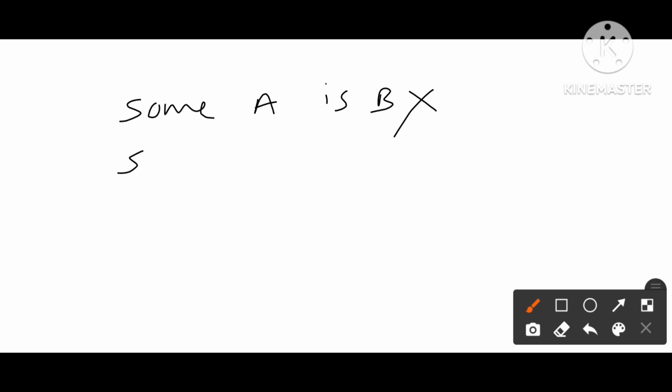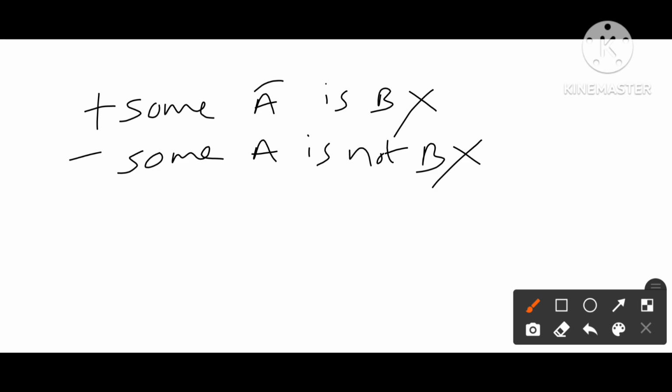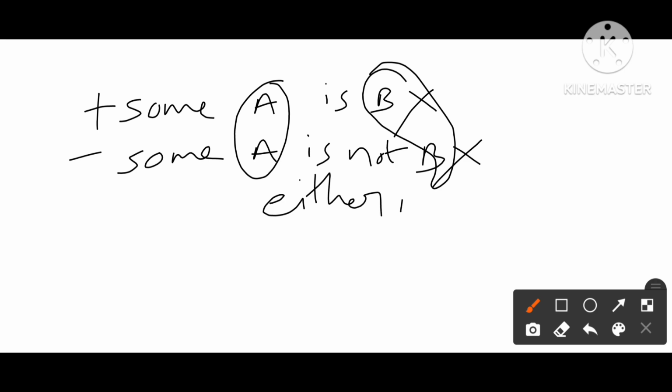And we see one more statement, some A is not B, and it also fails. So we can see that it is a positive statement and a negative statement with the same suffixes and prefixes. So our answer will be either 1 or 2 for this question. Let's see one more example.